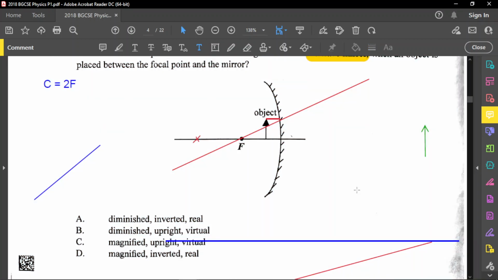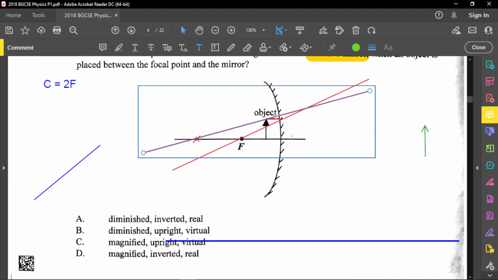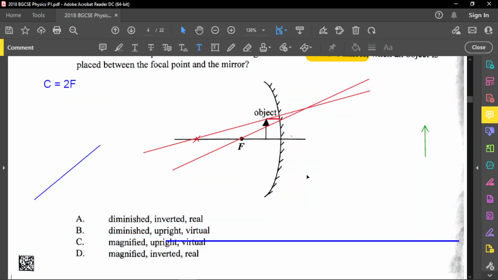Now my third line could be an option based on the method that I'm using. So I'm going to use the red line, and take it from the top of the object all the way through the center of curvature, or 2F. I'm going to put that line right here. Let me make sure I get it as best as possible. Let's call it right there. Good.